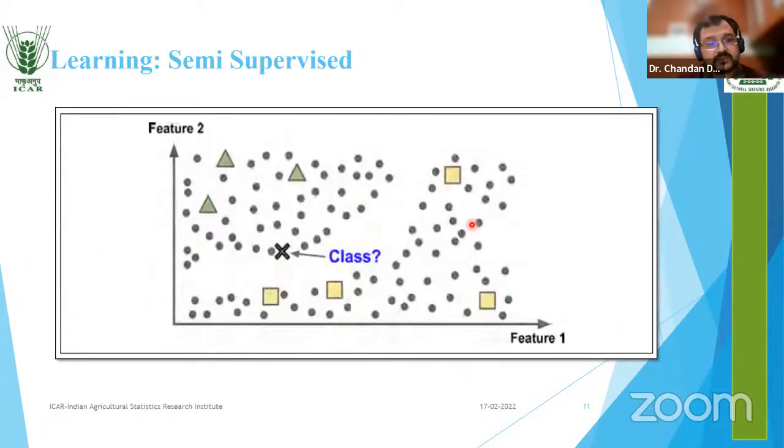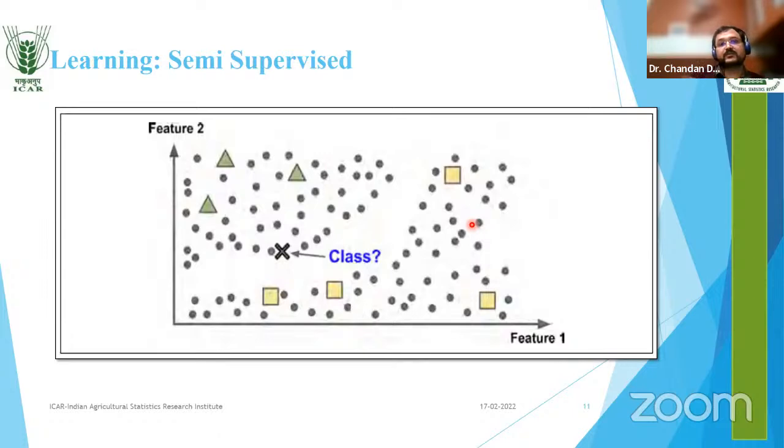So what is semi-supervised learning? It will be clear from this example. Suppose we all are using Google accounts and have Google Photos, or we have Facebook accounts. Whenever we upload some photos, Facebook automatically suggests whether you want to tag this person or not. So how can this be done? In the first place, whenever we upload or post something, sometimes in our timeline we may have tagged someone.